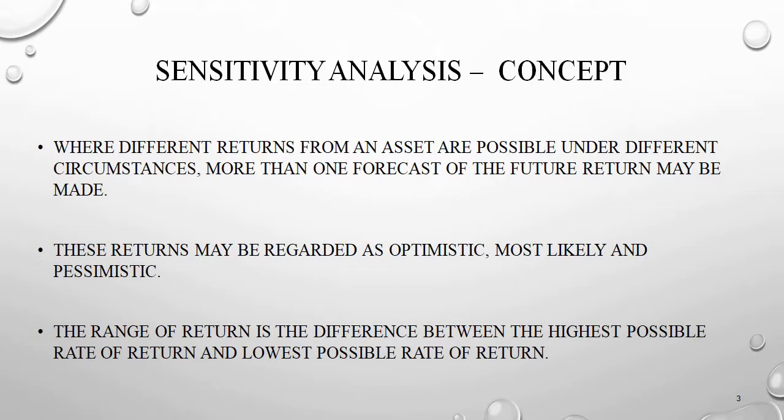More than one forecast of the future return may be made. These returns may be regarded as optimistic, most likely, and pessimistic. The range of return is the difference between the highest possible rate of return and lowest possible rate of return.